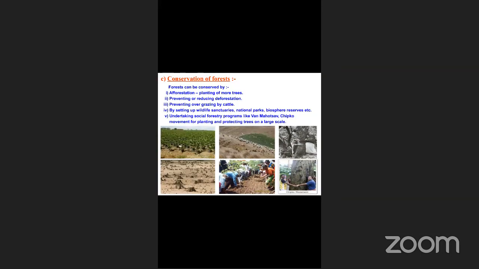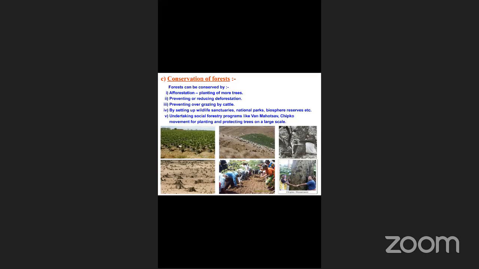Forest can be preserved by afforestation. Afforestation means planting of more trees. Deforestation means cutting down of trees.